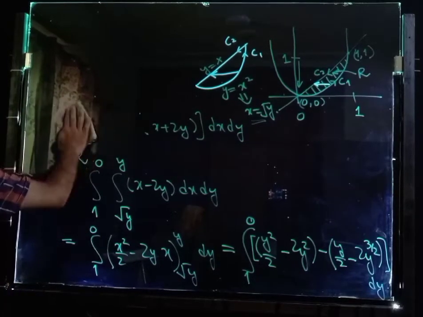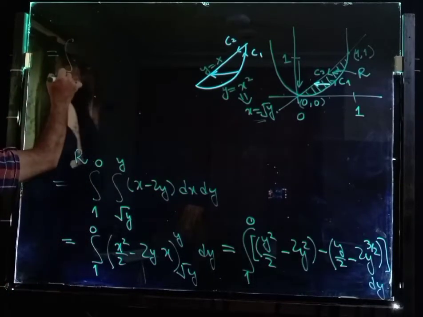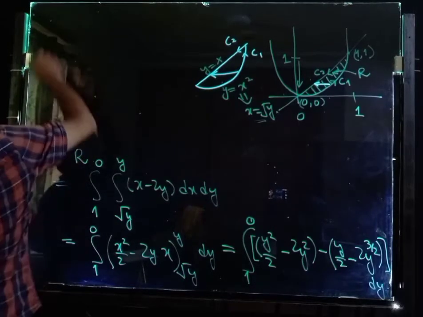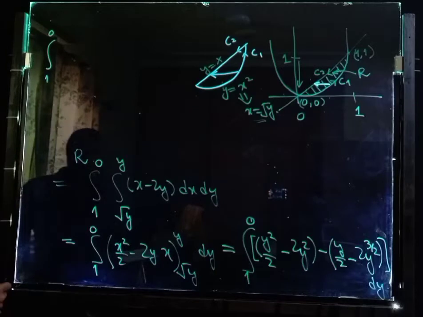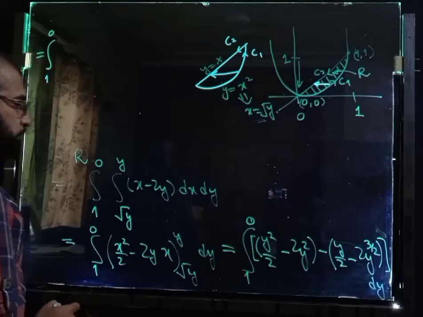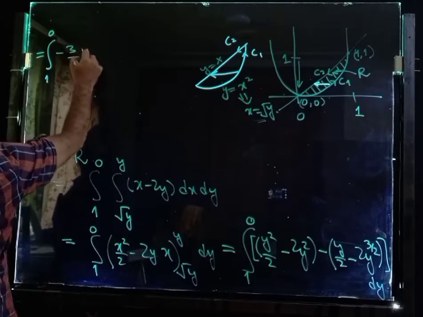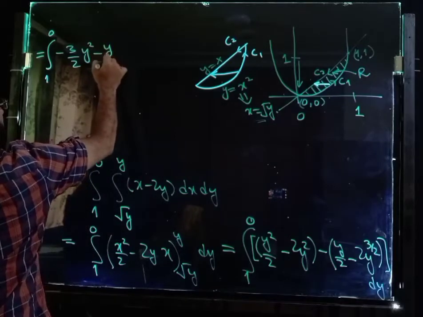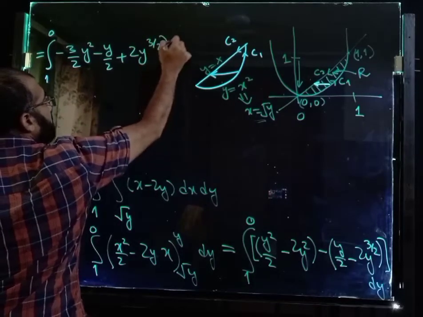So here we can write integral from 1 to 0 of minus 3/2 y square minus y/2 plus 2y to the 3/2 dy.